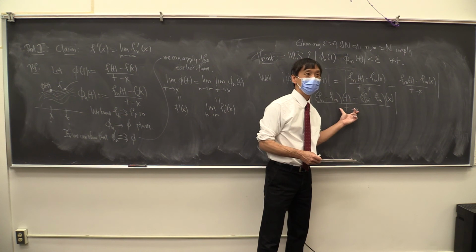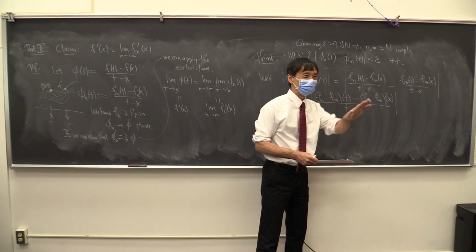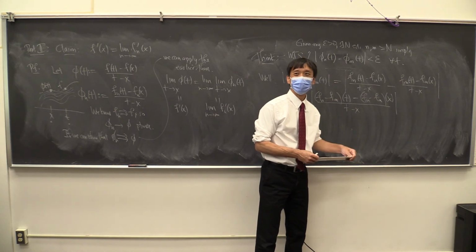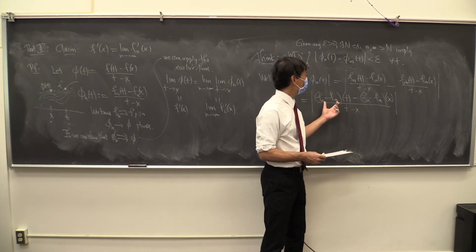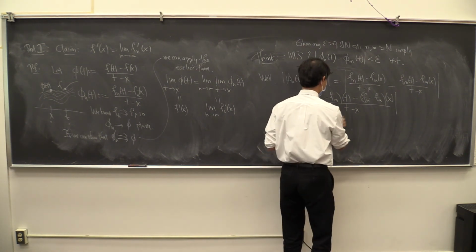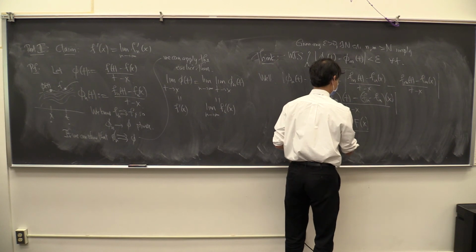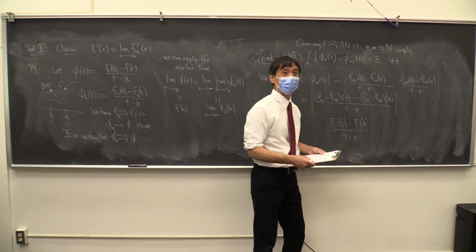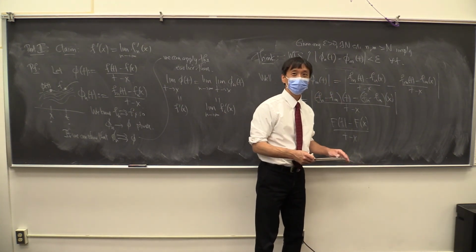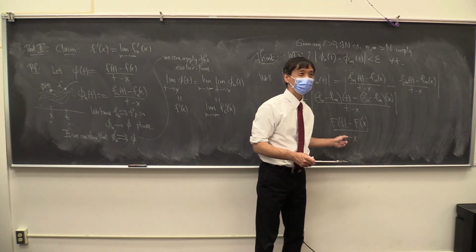How am I going to control this thing? Somebody tell me. I've got some function at some point minus its value at some other point, over t minus x. What do I know?